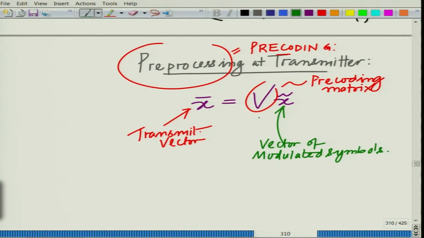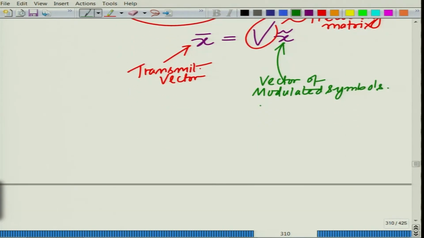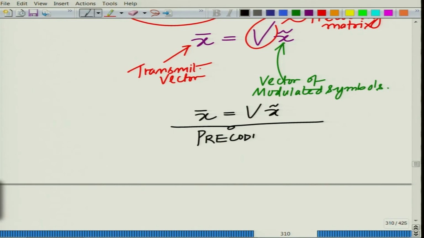And this is your precoding operation, x bar equals V x tilde.